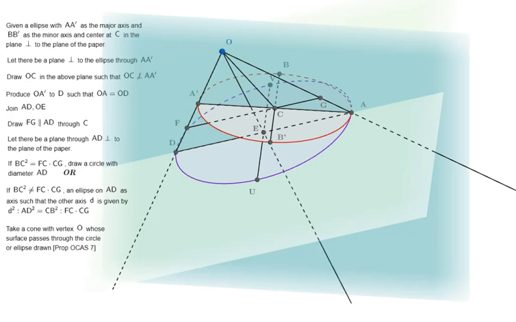So we extend OE, we extend OV, we extend OU, and we take a point Z on the extended OE and draw a line UZ so that it intersects the extended line OV at W. So now this point Z has been taken in such a way that UZ times ZW is to OZ square is equal to DE square is to OE square.